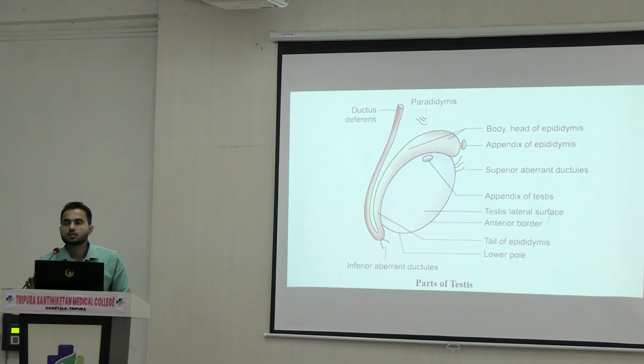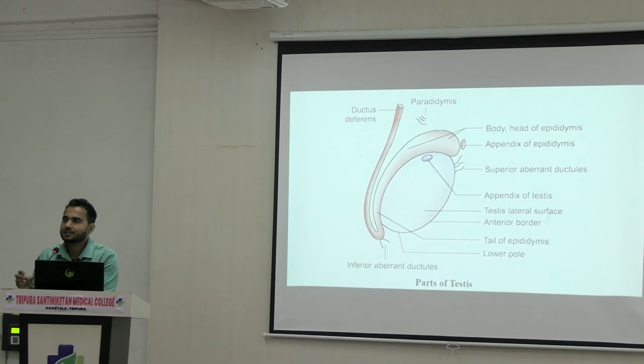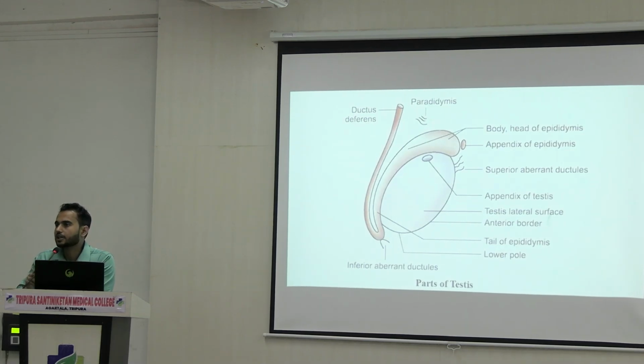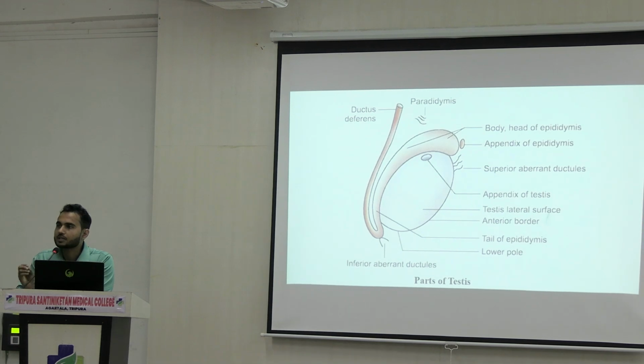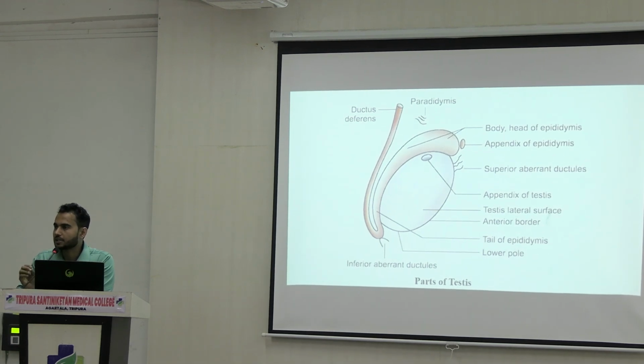I don't know whether you have done this in dissection or not. There is a point called site identification of the testis. Have you studied that? When it is in the body, it is very easy to identify which is right testis, which is left testis.